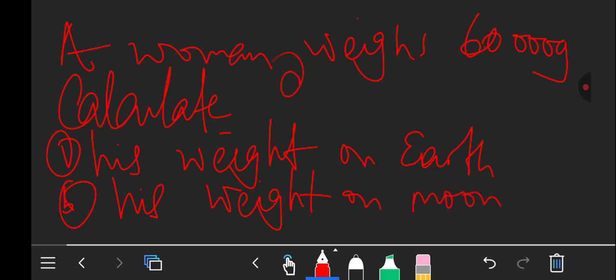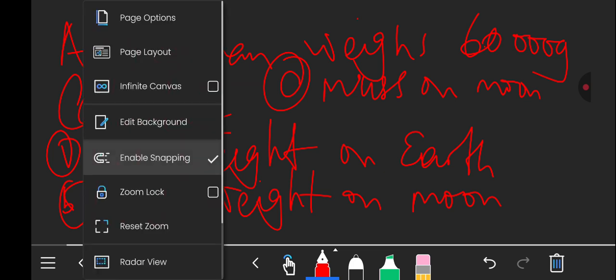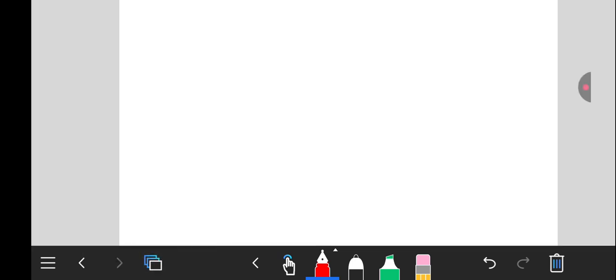Then question C, let me write it here. Calculate his mass on Moon. So these are the questions we have. Let me just go to the next slide. So these are the questions we have.